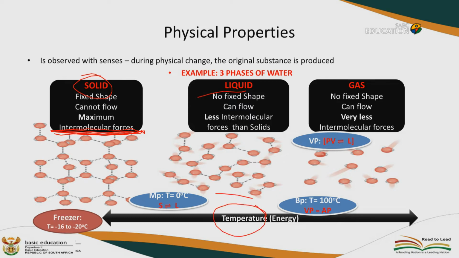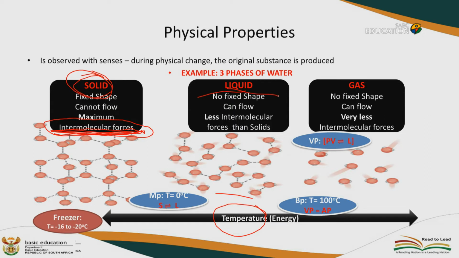Remember, temperature is a measure of average kinetic energy. So we're going to provide our water, which is in solid form, with energy. When we provide it with energy, the energy must overcome the intermolecular force. So immediately when the energy overcomes the intermolecular force, water will change from solid phase to liquid phase.